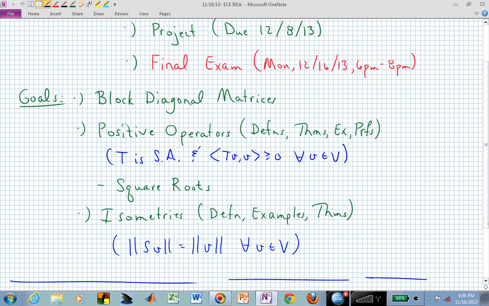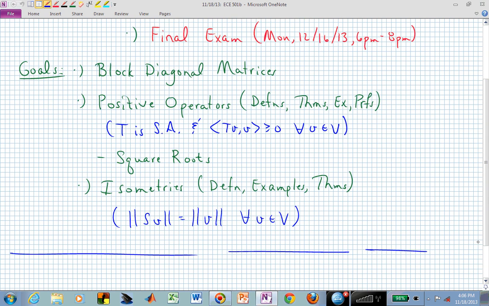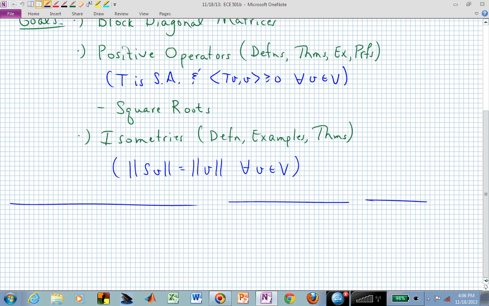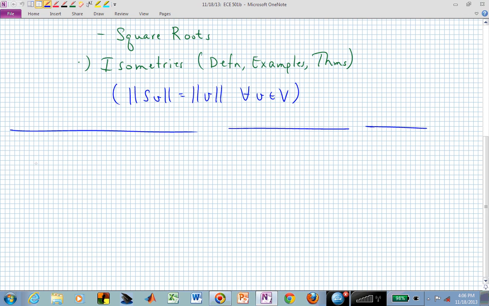Let's now look at, to start, this idea of block diagonal matrices.